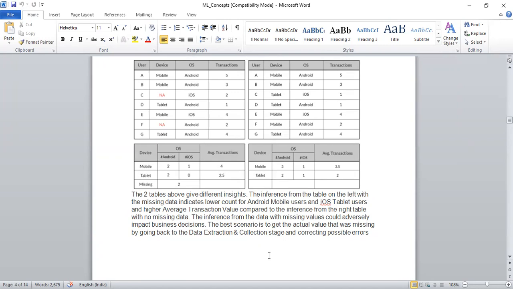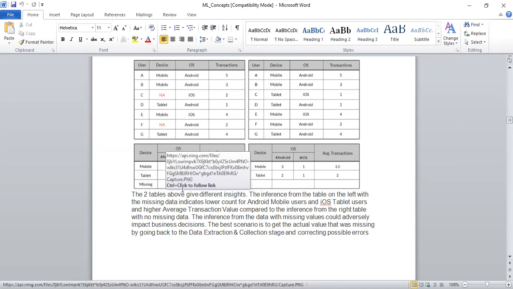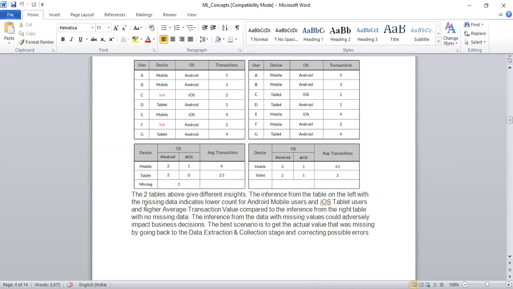Look, if you compute this, mobile Android, you will get 2, and tablet Android 2. Mobile iOS only 1. Count them. And tablet iOS is not present because there is no matching device for users C and F. The device is absent from the table.